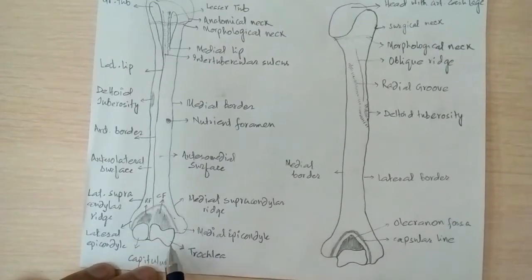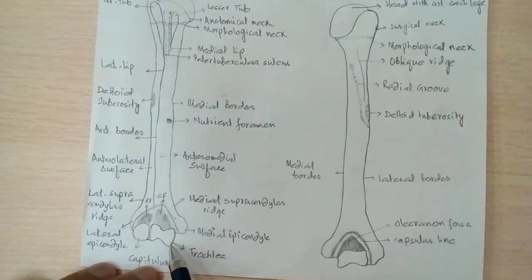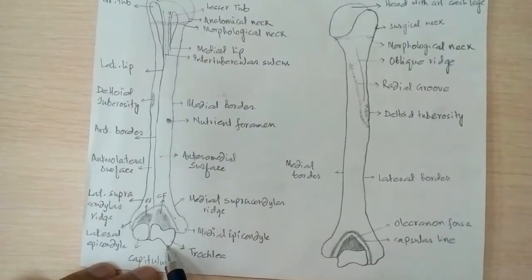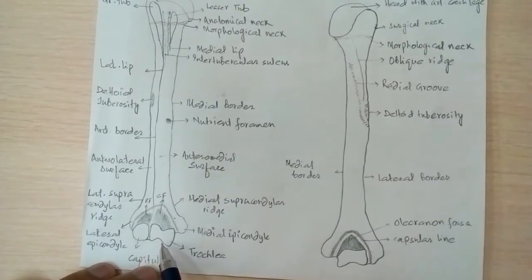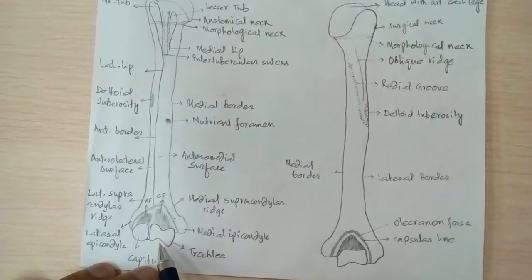The trochlea has two edges, the medial one and the lateral one. The medial one is larger, and the medial edge projects downwards 6 millimeter more than the lateral edge, which results in the formation of the carrying angle.